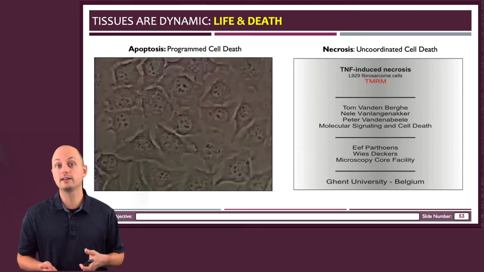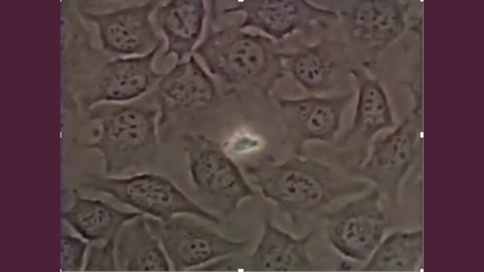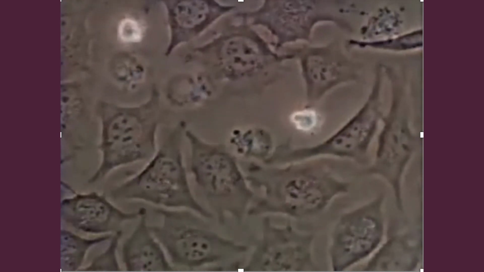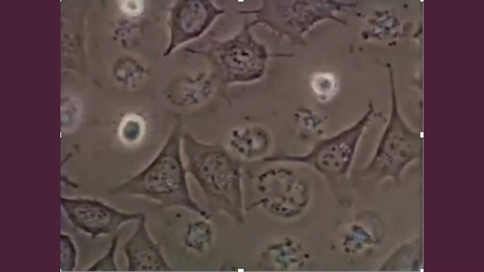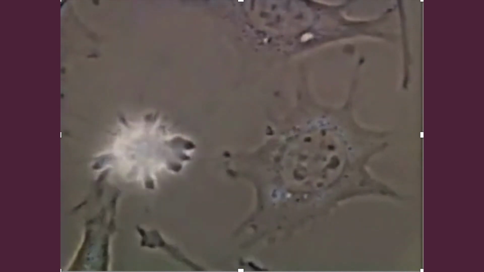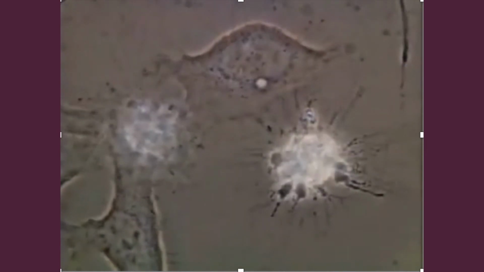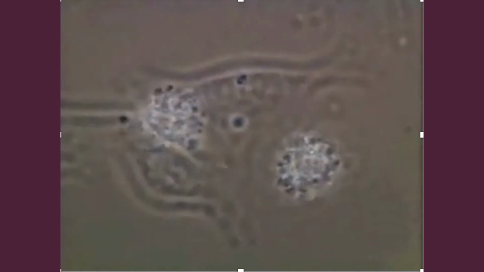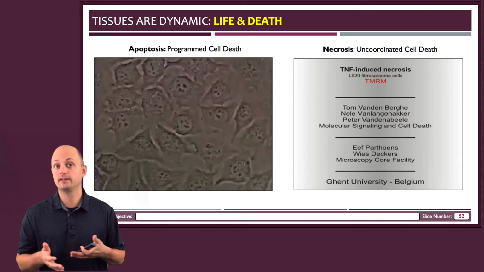And this happens most often through a process called apoptosis, or programmed cell death. Usually, apoptosis occurs in response to injury or viral infection.